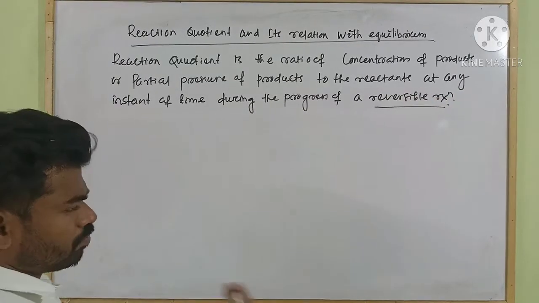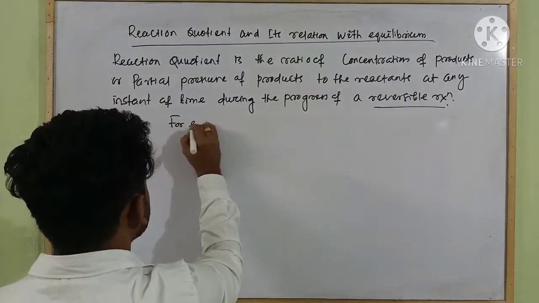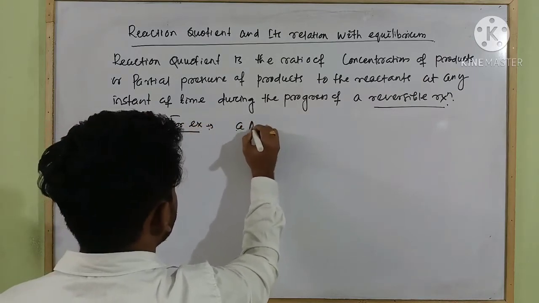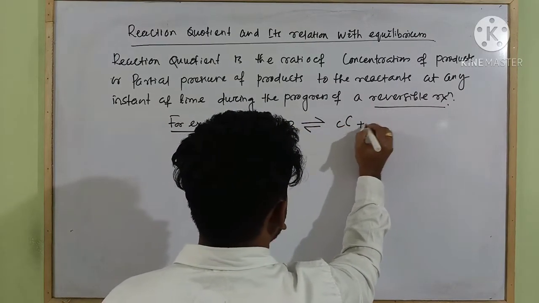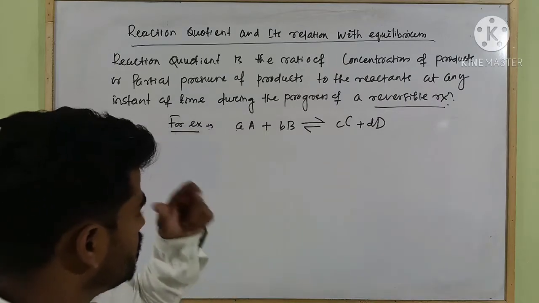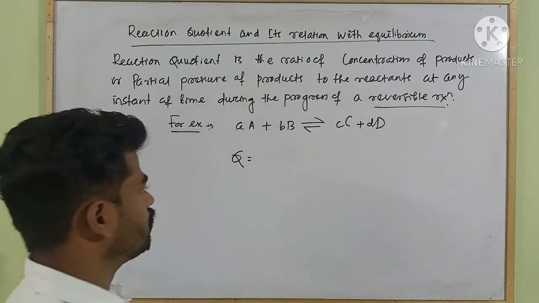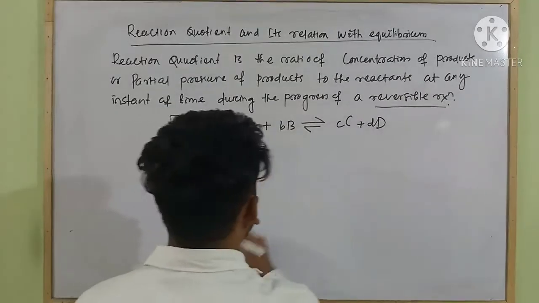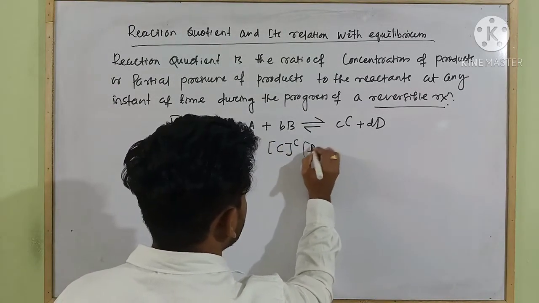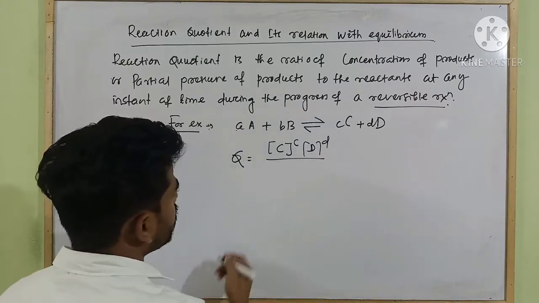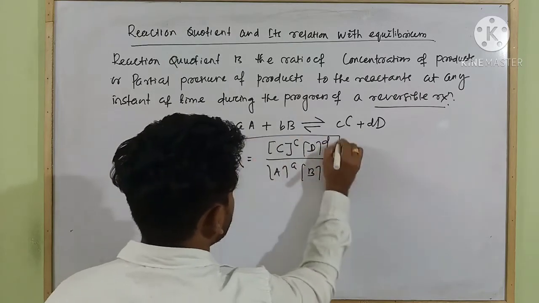Is that clear? So genuinely, if I consider an example, let's say a hypothetical reversible change, A plus B giving rise to C plus D, and you are also familiar with this example. Okay, so if I write down the value of Q, reaction quotient, that will be equal to the concentration of products C and D divided by concentration of reactants A and B. You see, this is called the reaction quotient.